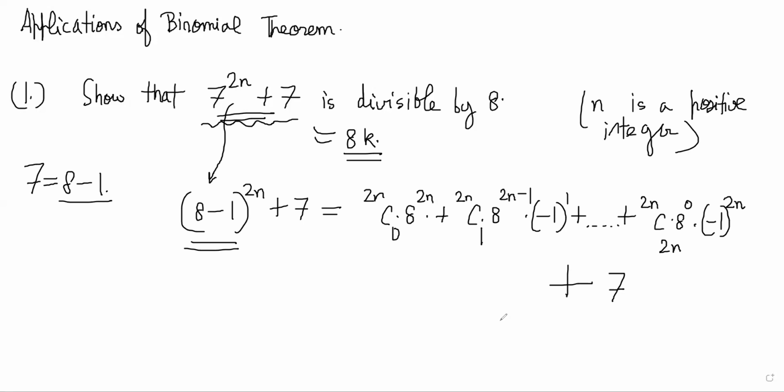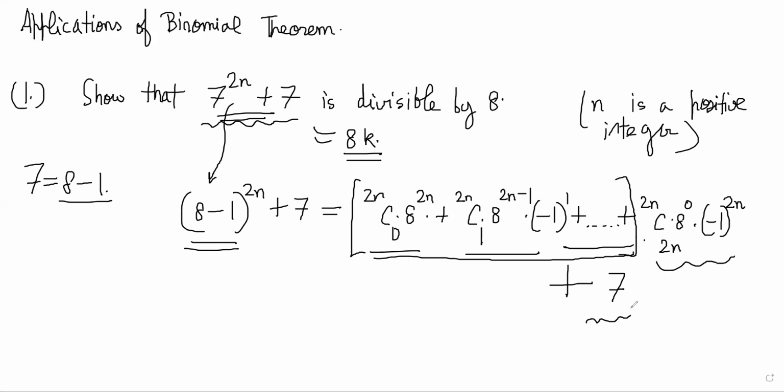And then there will be a plus 7, correct? So notice that every term from here till the term before this has 8 power 1 at least, or 8 power 2, or higher powers of 8. So those parts are anyway divisible by 8. So we only have to worry about this term and this term.